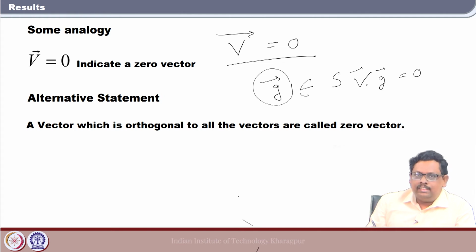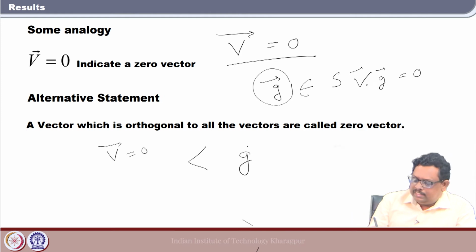See, the idea is very simple. To tell something is equal to 0, I just come up with some condition. I could simply say V equals 0, a 0 vector, but I am not saying that. What I am saying is that I collect all the vectors G which belong to this 3 dimensional space. G is the collection of any vector that belongs to that vector space.